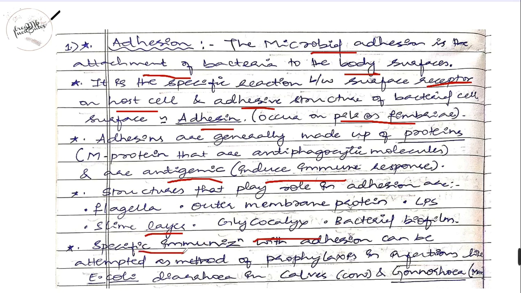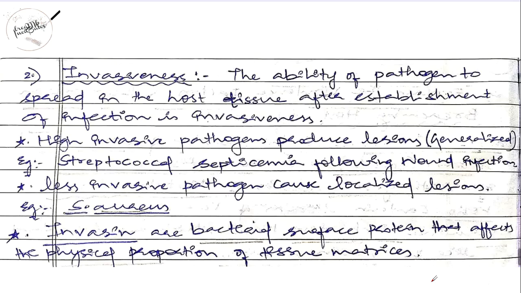Specific immunization with adhesin can be a method of prophylaxis or treatment in infections such as diarrhea in calves or in treatment of gonorrhea in humans. Invasiveness is the ability of a pathogen to spread in host tissue and establish infection.